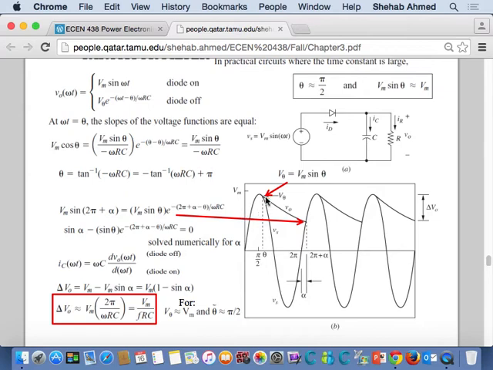So how did we find theta? We go to this point, because we used this point already. Now we go to this point, and we find the point where the two slopes are equal to each other. So the point where the two slopes are equal to each other is found by the differentiation of the two voltage waveforms. So I took my two voltage waveforms, differentiated them, and equated them. This gave me a solution for theta.